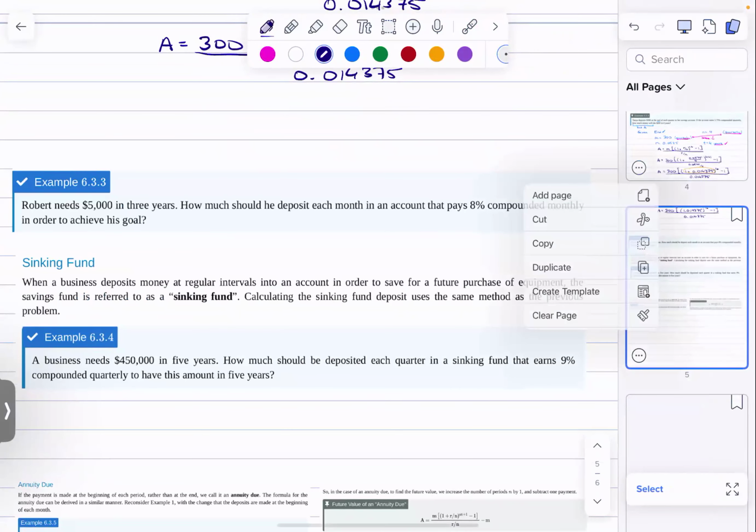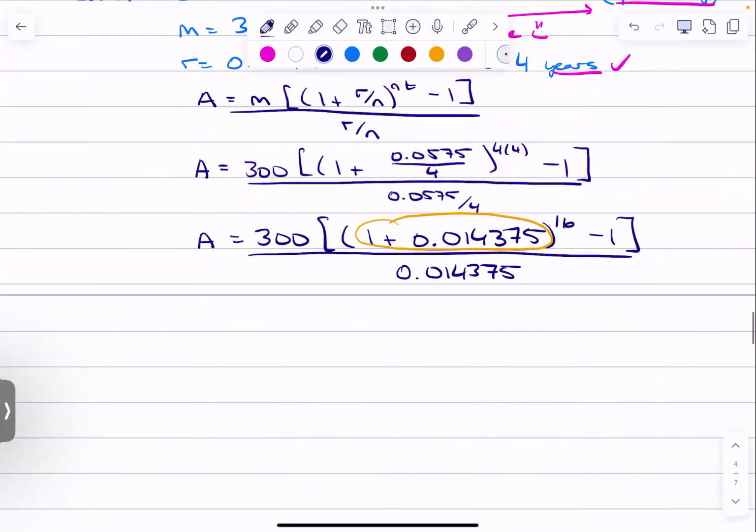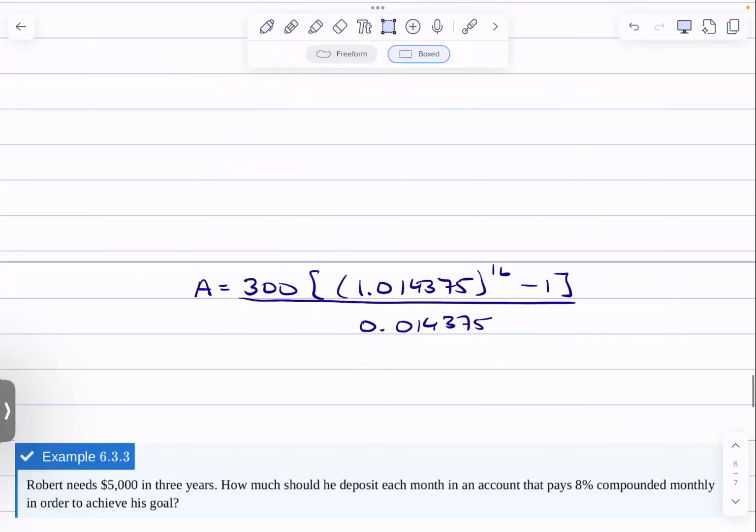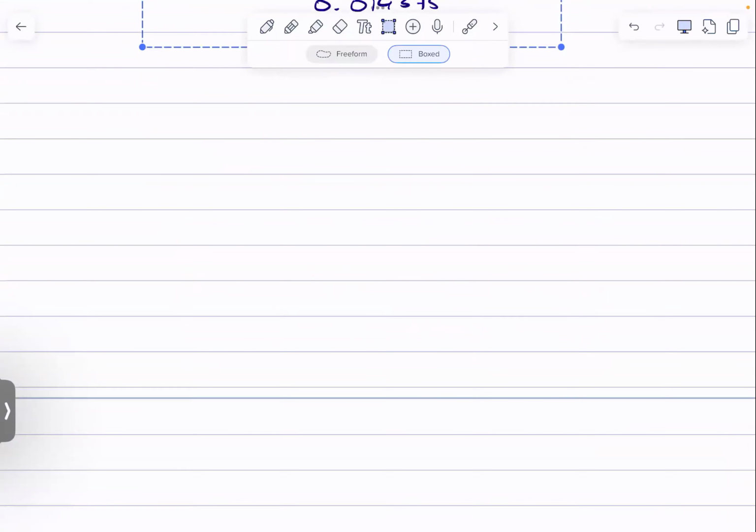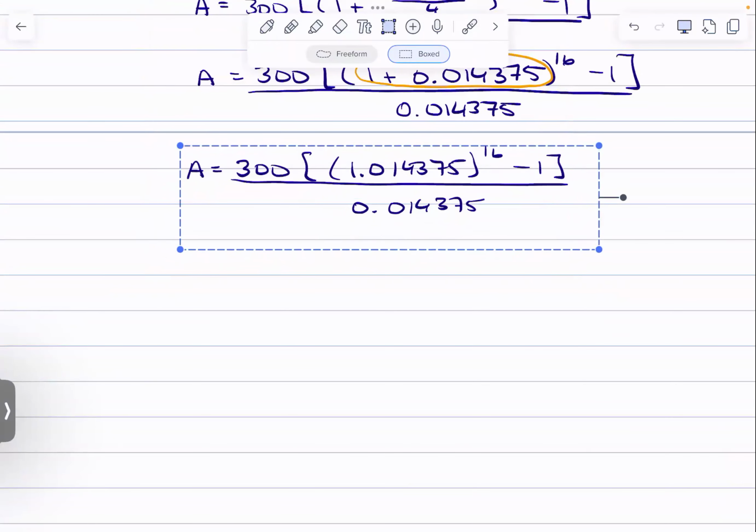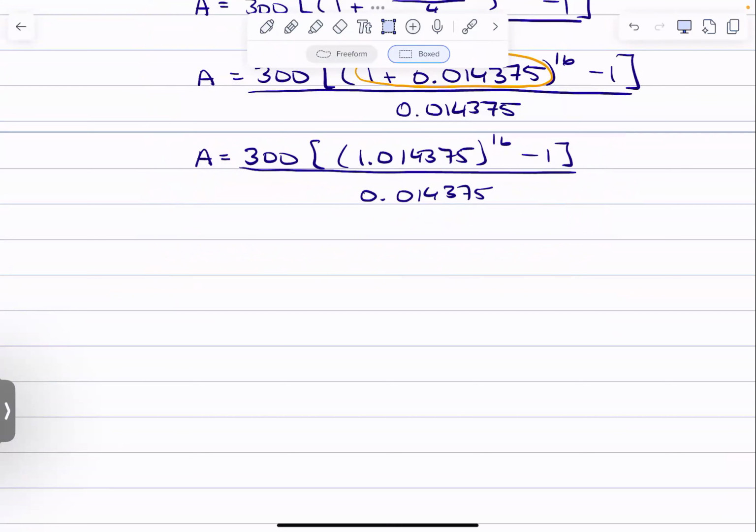Oh, I need a page, and I'm going to actually move this up here. There. So this one. Then to the power of 16.